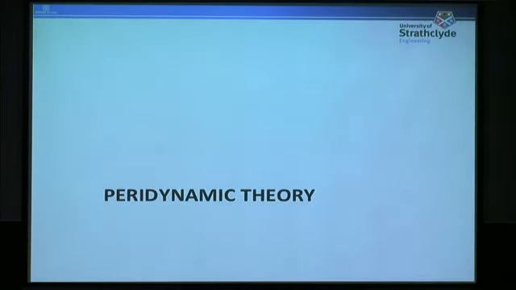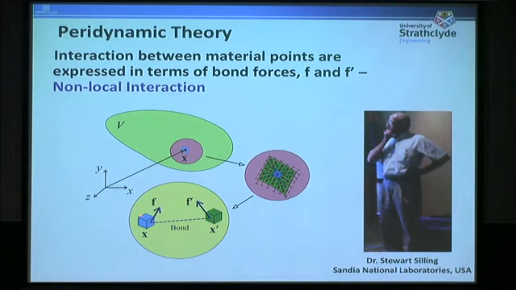So in his new formulation that we call peridynamics, or peridynamic theory, he said that all material points actually can interact with each other. So they don't need to touch each other. And the way that he defines the interaction is through what we call peridynamic forces or bond forces. So this is the force that this point is exerting on this one, and this is the force that this point is exerting on this one.